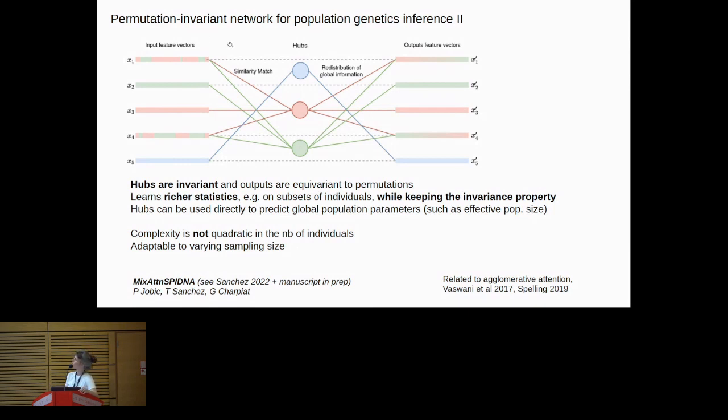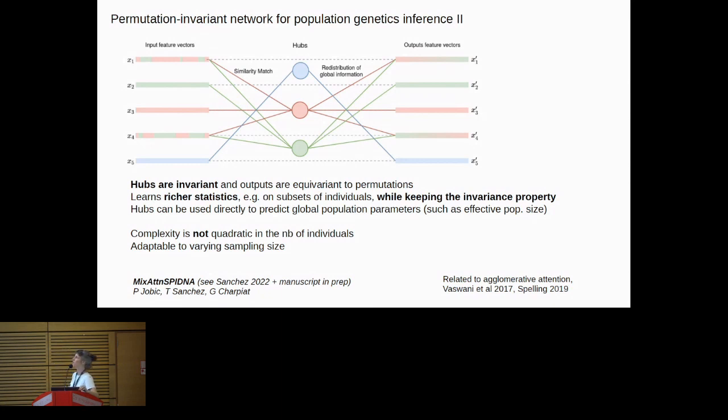So you have hubs that will be this invariant function that before was just the mean. And each individual can vote for hubs based on its genetic sequence, which is basically a fancy way of saying that you're going to do a weighted average, but based on the sequence and not based on the place of the individual in the matrix.